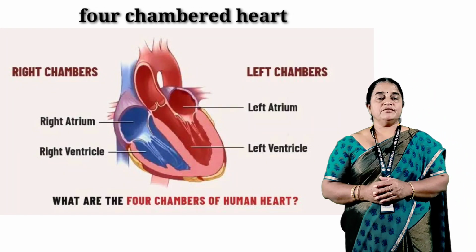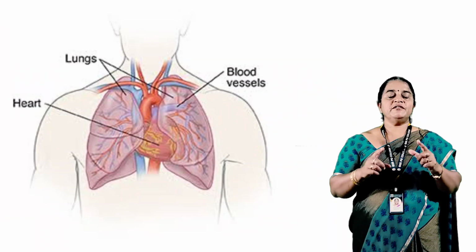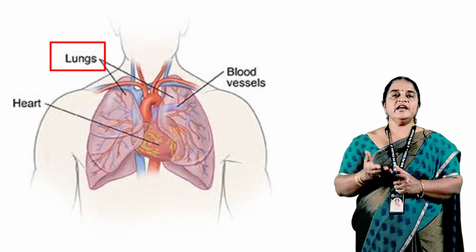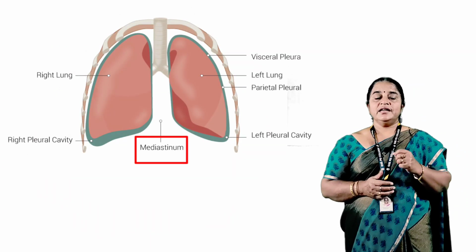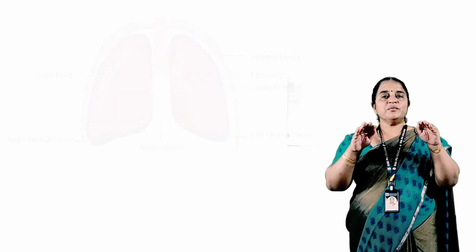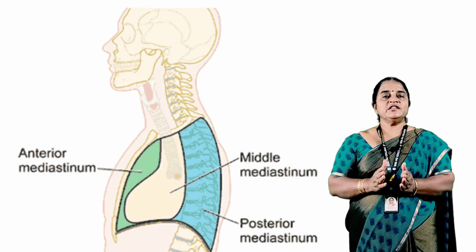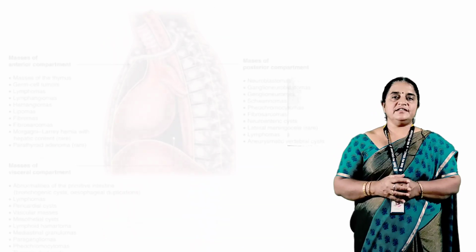We have a four-chambered heart. It is located in a small space between the two lobes of the lungs in the upper abdomen, known as the mediastinum. It is a pear-shaped organ. The upper portion is broader, the lower portion is narrower and blunt, and slightly tilted towards the left side.